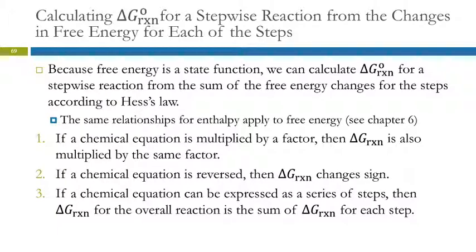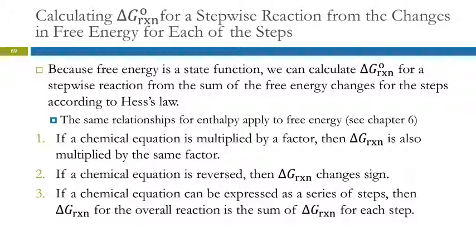So we can utilize Hess's law to calculate changes in free energy. Hess's law is where if you can imagine a chemical reaction as the sum of a number of steps, then you can calculate any state function associated with those, provided you know the values for the steps.